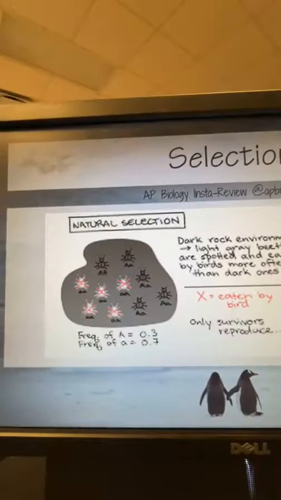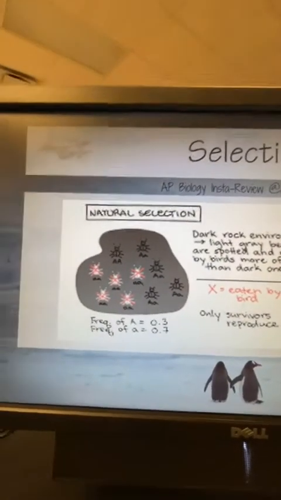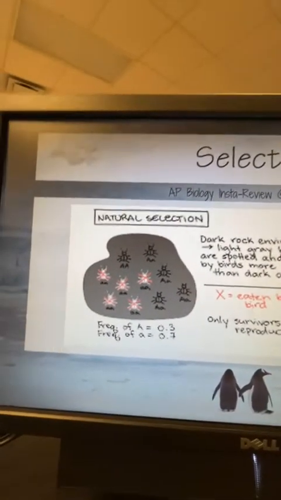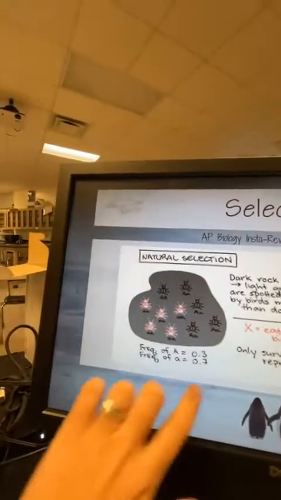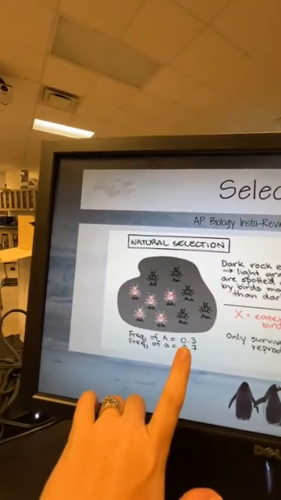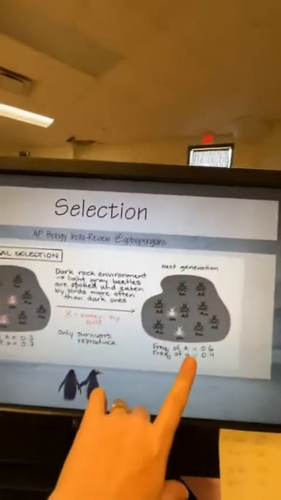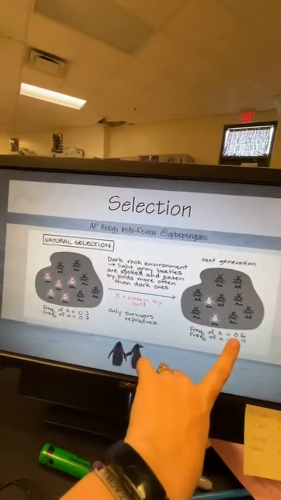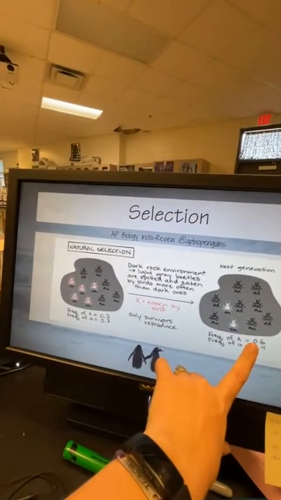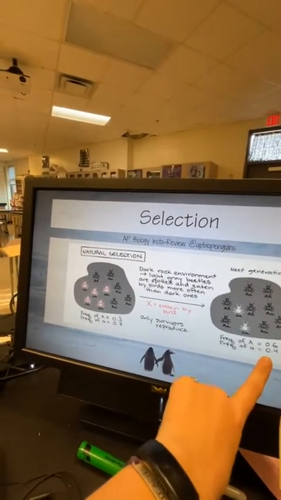So with natural selection overall, we're looking at some trait that's selected against. In this case, you can see that our allele frequency of our dominant was 0.3, and our recessive was 0.7. And then after we went through natural selection, we see that the dominant, our P, went up to 0.6 and our recessive went down to 0.4.